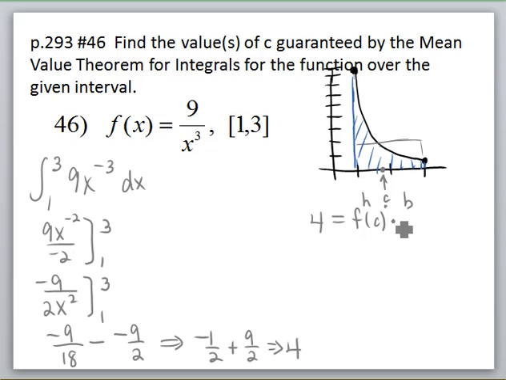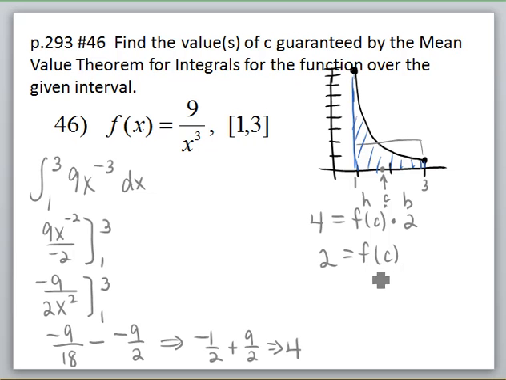The base is 3 minus 1, so it has a base length of 2. So I'm really looking at f of c times 2, and let's just divide by 2 on both sides, so I have f of c by itself. So we want to know, when is the height of this function 2?